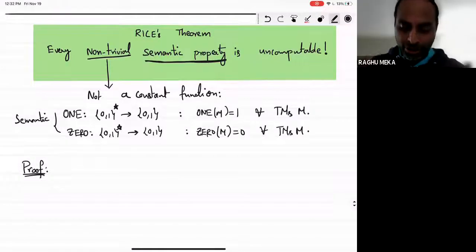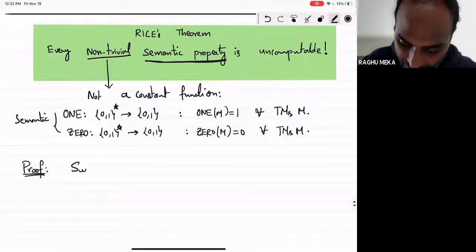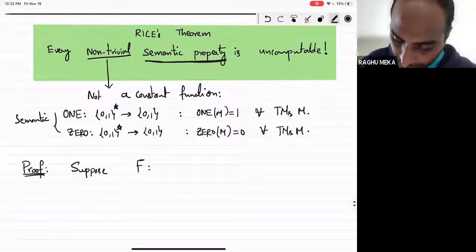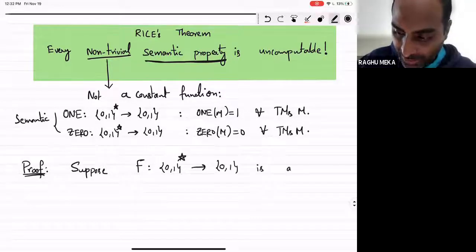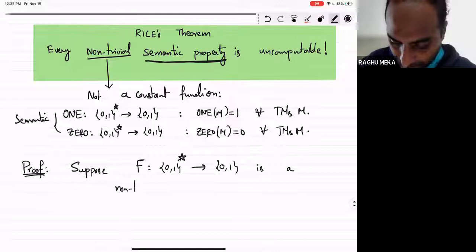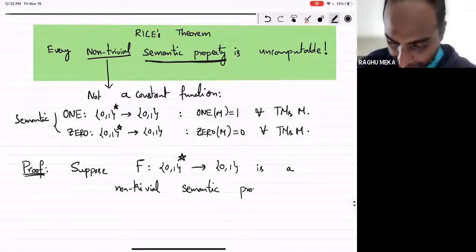So what do we really want to show, right? So suppose F is a non-trivial semantic property.